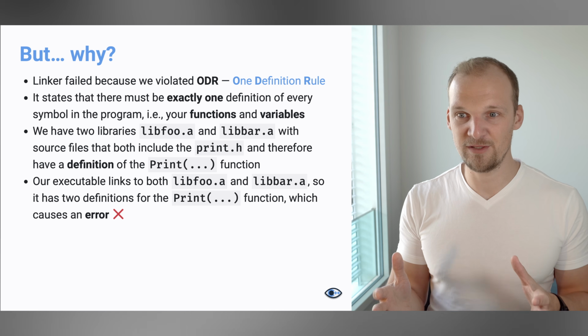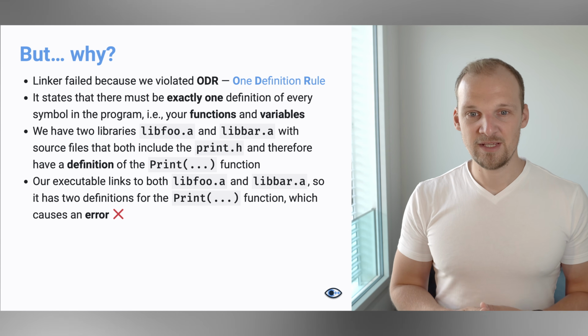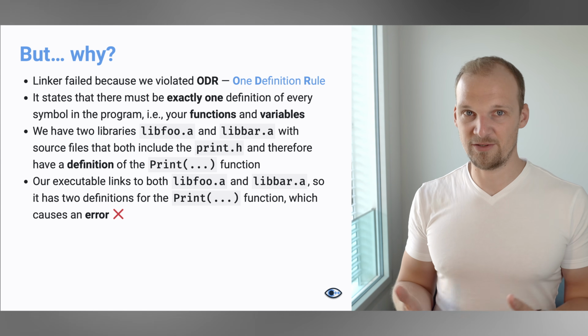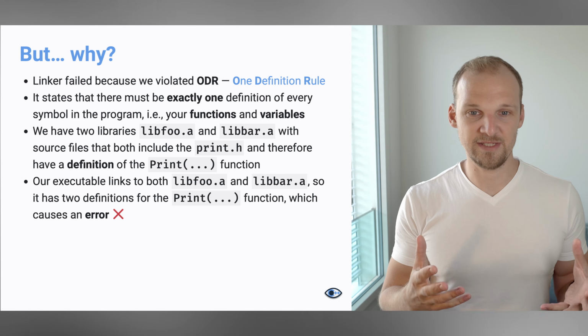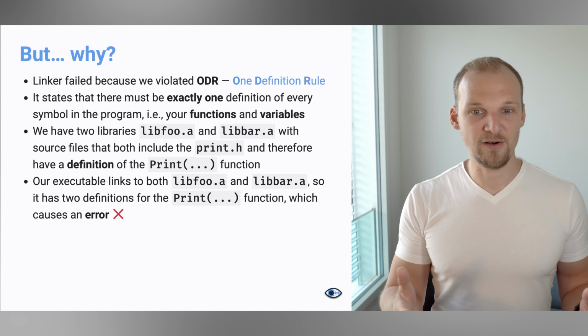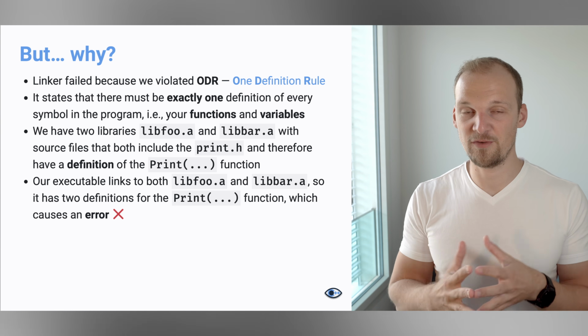That means your functions and your variables. So we now have two libraries, the foo.a and the bar.a, with the source files that both include the print.h and therefore have a definition of the print function.